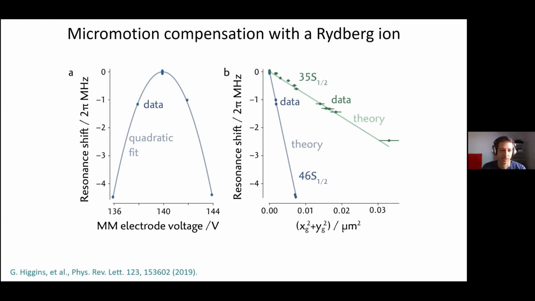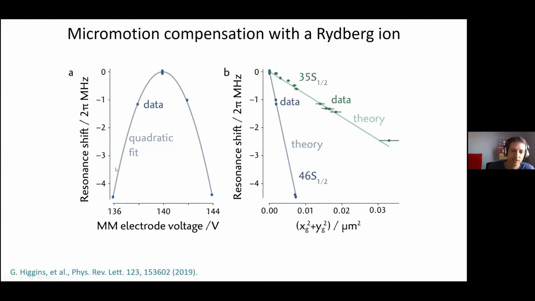But on top of that, since you now have an oscillating electric field at your equilibrium position, you get an additional Stark shift for a polarizable Rydberg state. This oscillating electric field shifts your energy level.